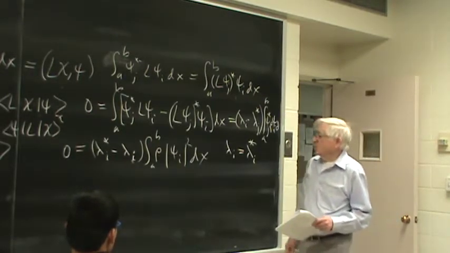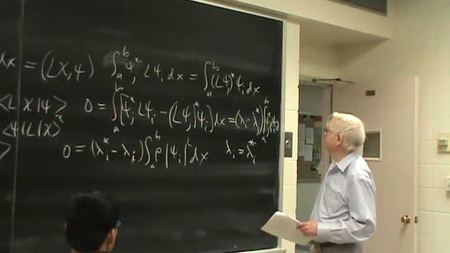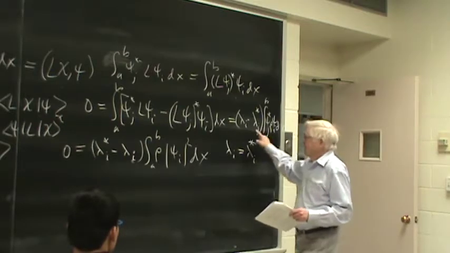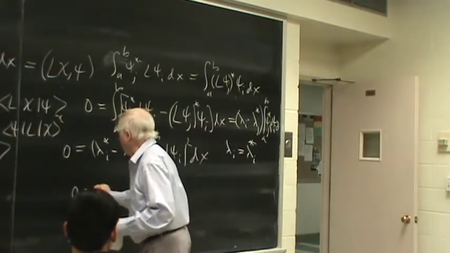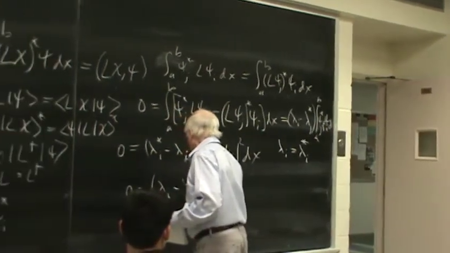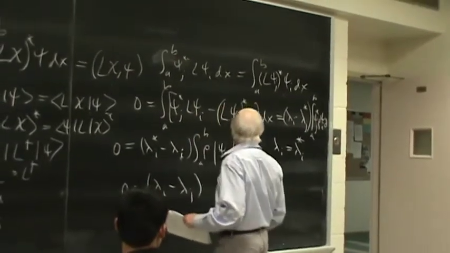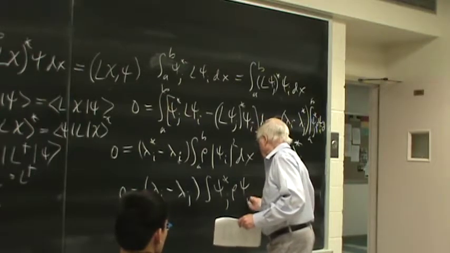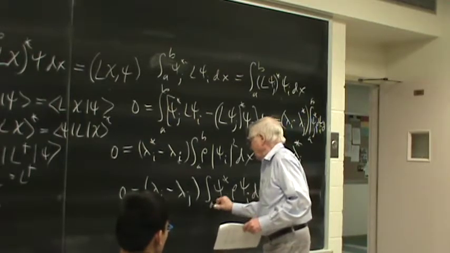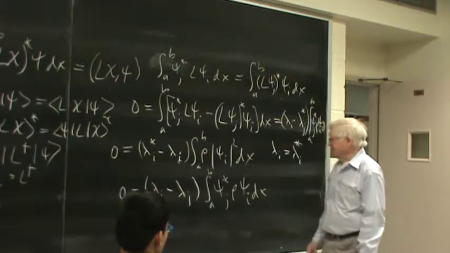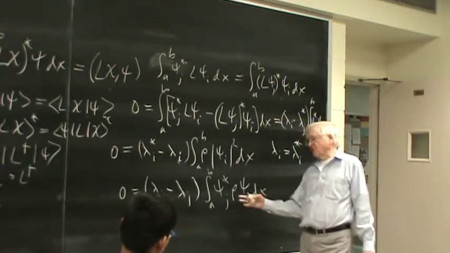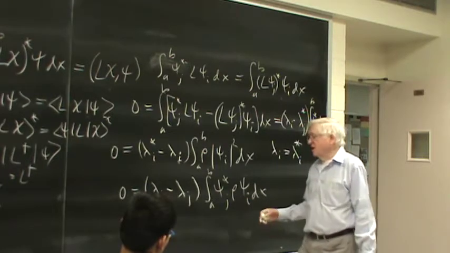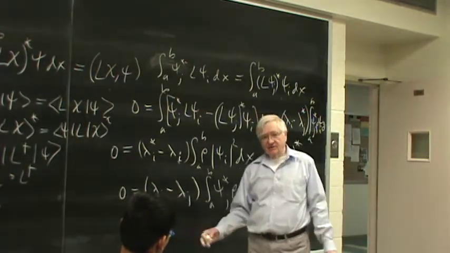And once the eigenvalues are real, we go back to this equation, and we have 0 equals lambda I minus lambda j times the integral ab of psi j star rho psi I dx. And so this says that the eigenfunctions are orthogonal when integrated with respect to the weight function if the eigenvalues are different.